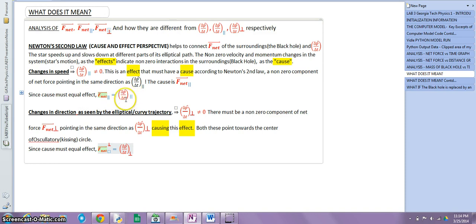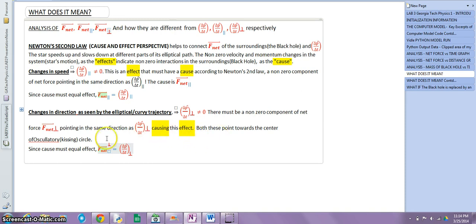Changes in direction as seen by the elliptical trajectory imply a non-zero perpendicular component of the rate of change of momentum. There must be a non-zero component of net force, the perpendicular component of it, pointing in the same direction as the perpendicular component of delta p over delta t, causing this effect.